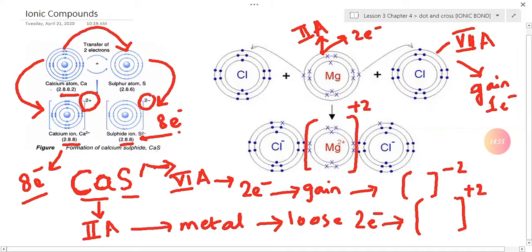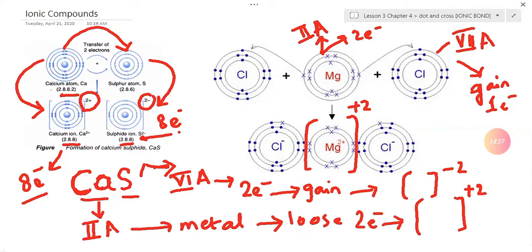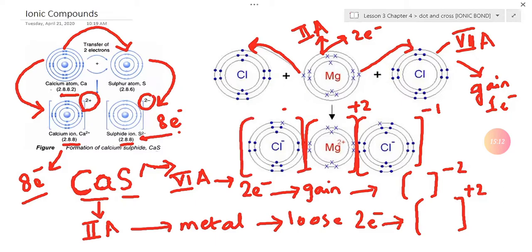So magnesium will lose 2 electrons, a +2 sign will be there, and each lost electron will be given to a chlorine atom. So there must be 2 chlorine atoms approaching to bond with one magnesium to form chloride. Each chlorine will be converted to chloride ion by gaining 1 electron, and the formula will be magnesium chloride, MgCl2. So this is how the bonding of MgCl2 is taking place.